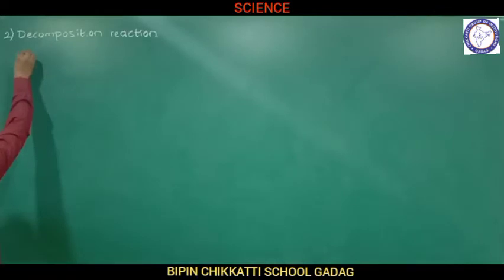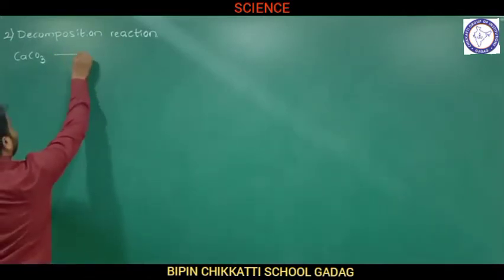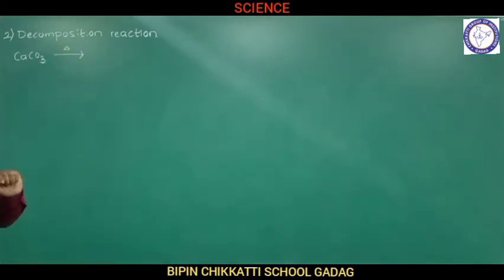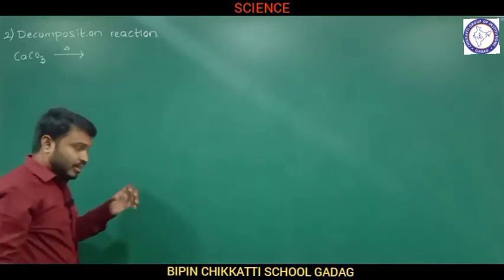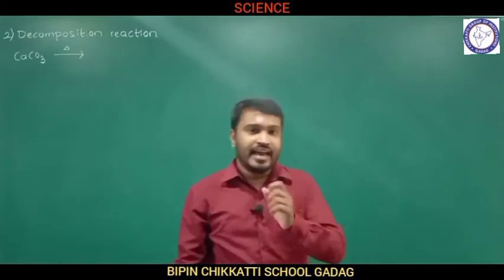So if I consider the example of CaCO3, that is calcium carbonate, and if I take calcium carbonate in a test tube and heat that, we are going to get a colorless, odorless gas.